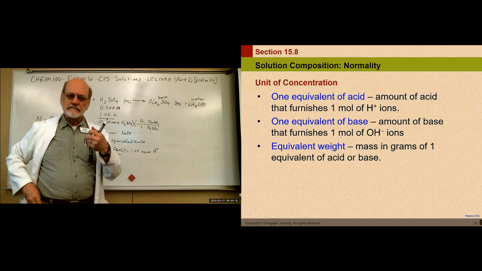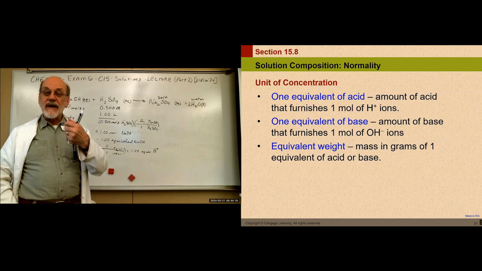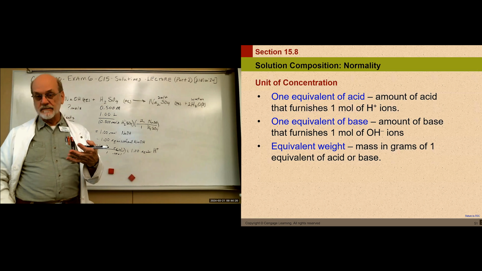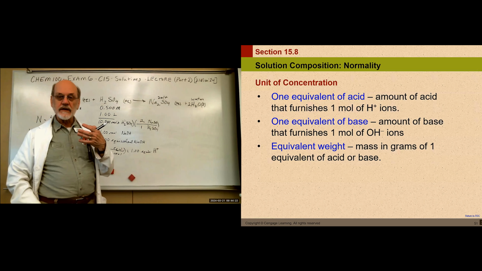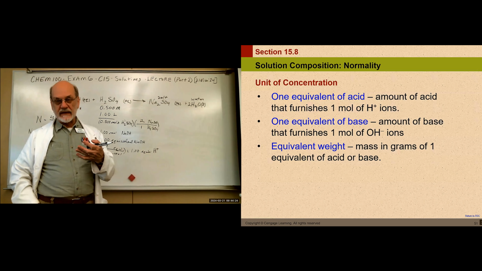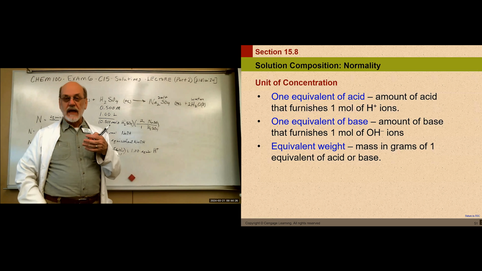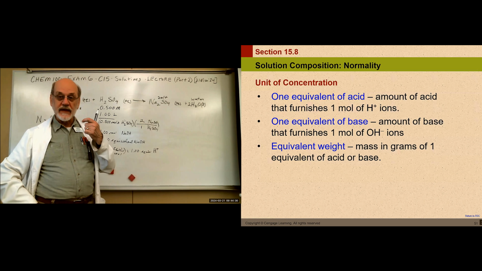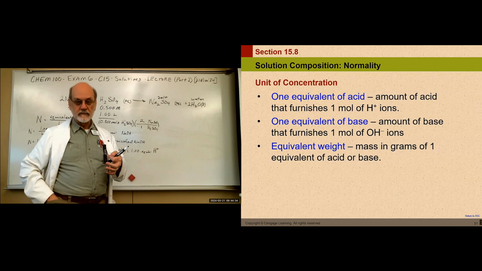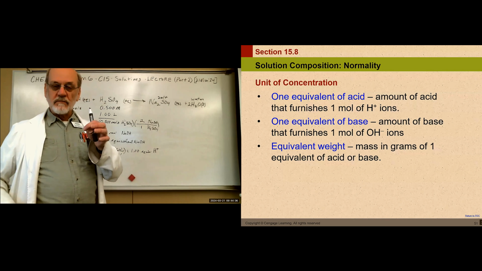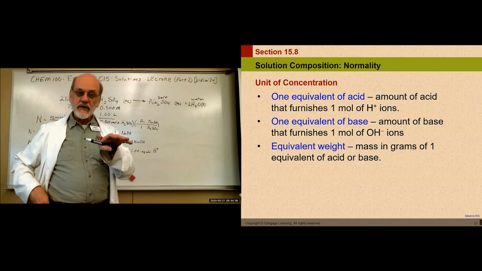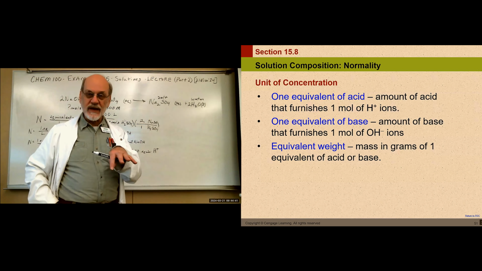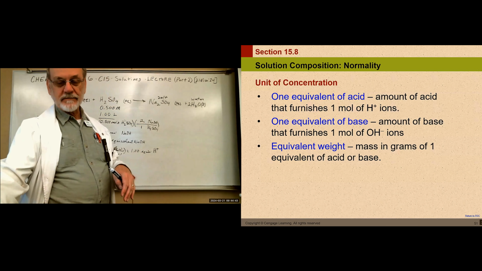Now, sometimes we're given the mass of some compound, and we want to know what its equivalent weight is. And that depends on how many moles of ions that it produces per mole of molecule. So the mass in grams of 1 equivalent of acid or base would tell us that.